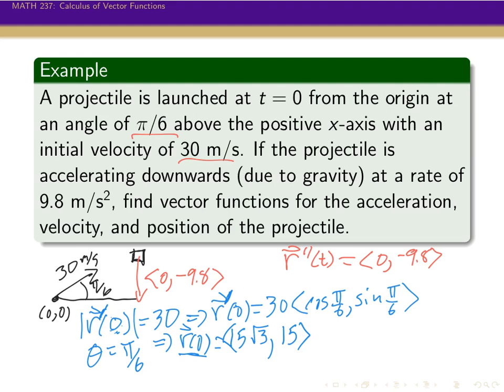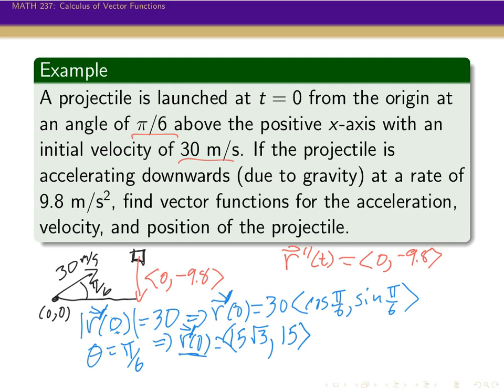But we also know that its derivative needs to be r double prime of t. That's r prime of 0, which is 15 square root of 3 and 15. And so, I know that I want the derivative of the x component to be 0.